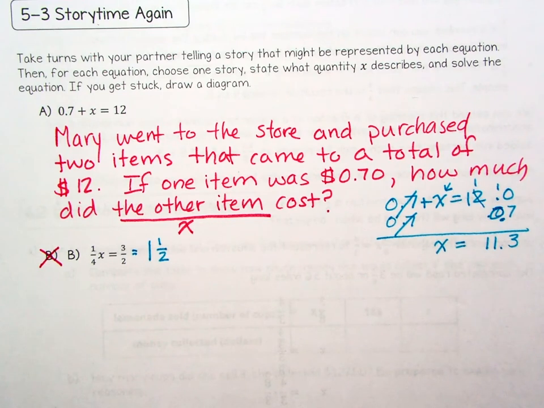Okay, so let's see. 1/4 of something is equal to 1.5.